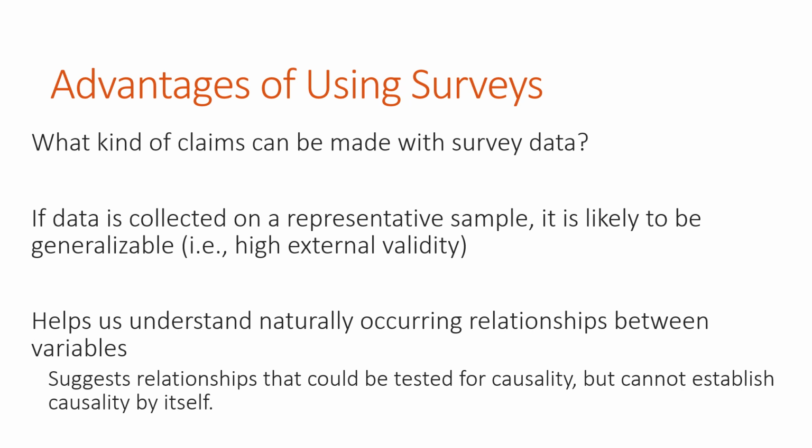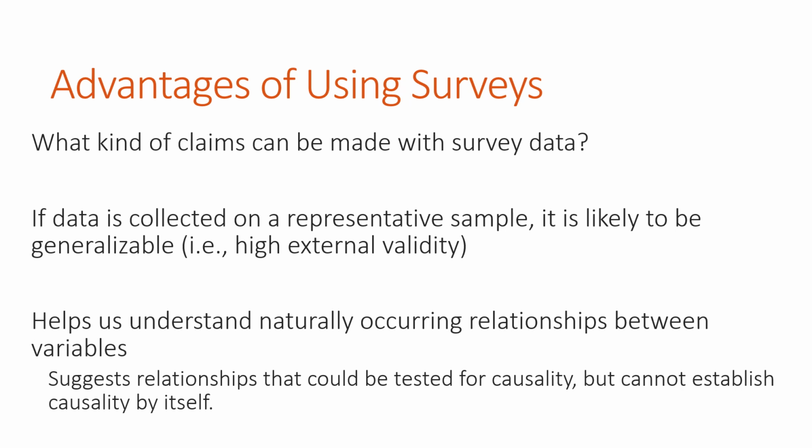And I think what's also nice is it helps us understand naturally occurring relationships between variables. We're not getting people into labs in somewhat artificial or contrived settings where maybe they're behaving differently, but we're just asking them on their own, do you do these kinds of things, and measuring how people behave in the real world.